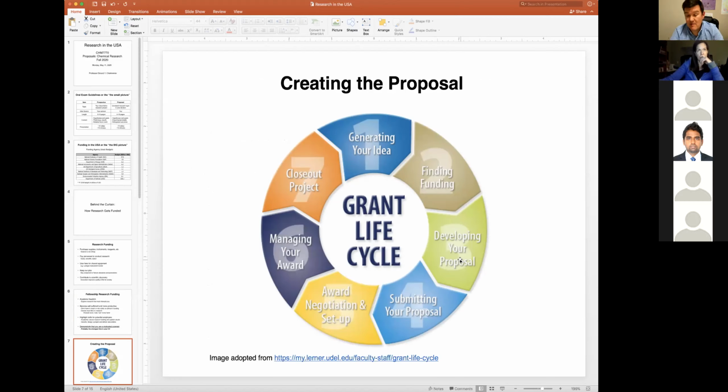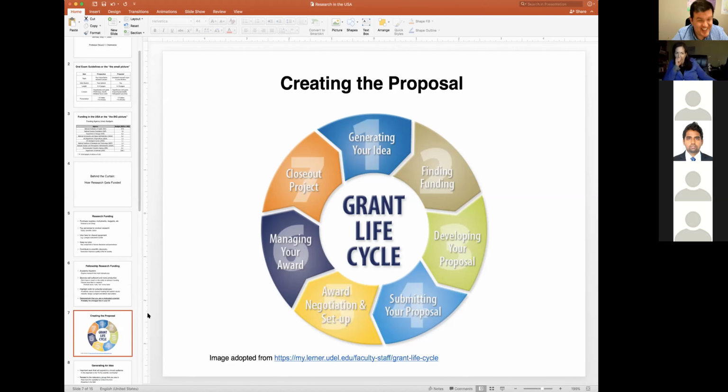After that, we submit the proposals, there is award and negotiation, managing the award, we get the science done, we close out, we generate a new idea, and we move on in this perpetual cycle of proposals. This is how science is pushed, this is how ideas come to life, and this is really exciting, as I hope we will convince you during this class.